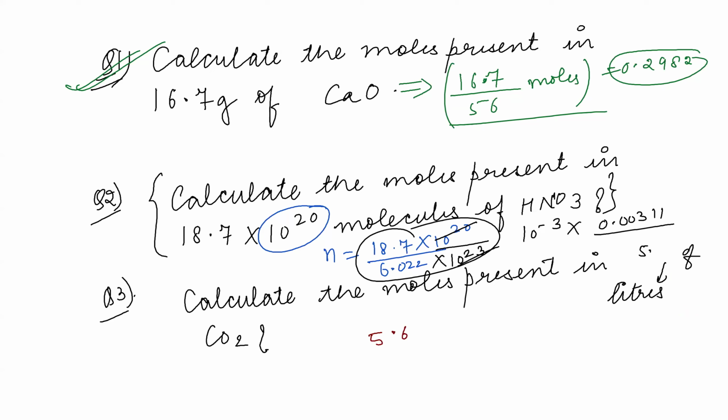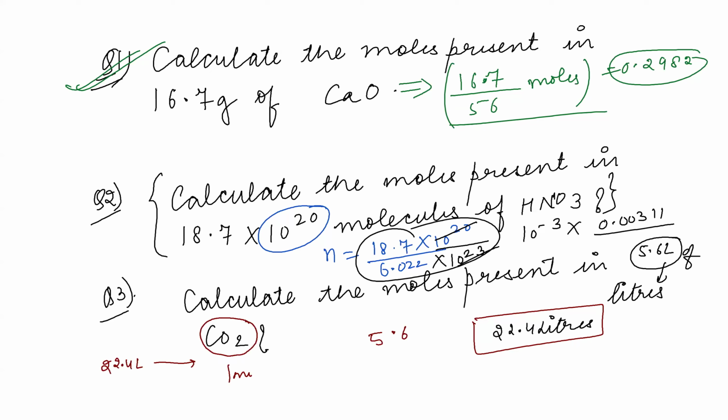So when you have 5.6 liters of the gas CO2, 22.4 liters of any gas is 1 mole. And I hope you're understanding carbon dioxide is a gas. They will never tell you whether CO2 is a gas, so I should know what CO2's nature is. So 22.4 liters is 1 mole because CO2 is a gas.